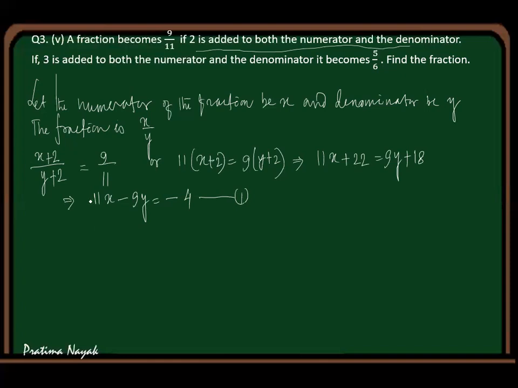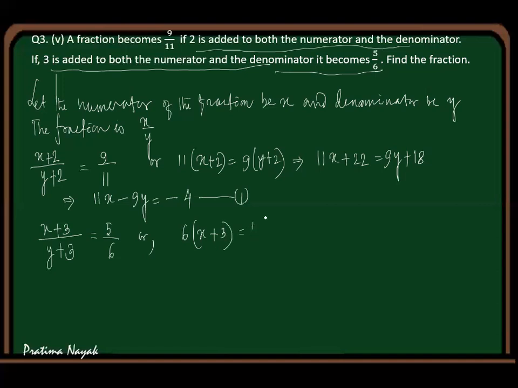Now coming to the second relation. If 3 is added to both numerator and denominator, it becomes 5 by 6. Numerator was x, 3 is added now. Denominator was y, 3 is added now. It becomes 5 by 6. In the same way, on cross multiplication, I write 6 multiplies x plus 3 is equal to 5 multiplies y plus 3.